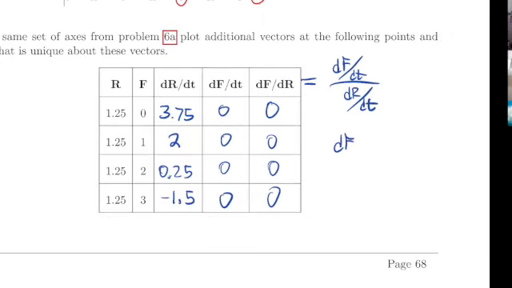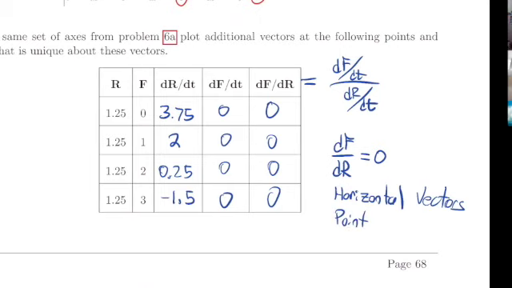And so if df/dr is equal to 0, this means slope is 0, which means we're going to have horizontal vectors that are either going to point to the left or right.